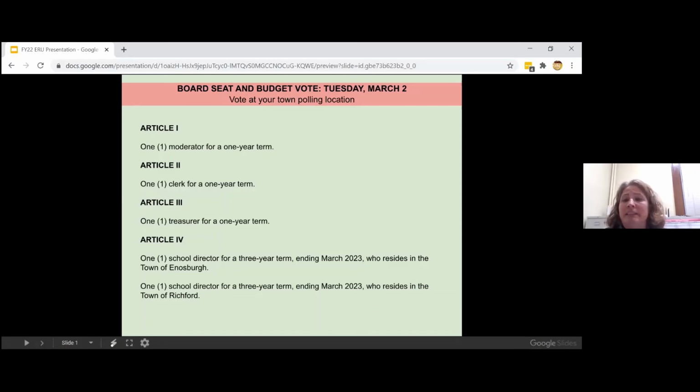Please adhere to all safety precautions, bring a mask, keep your social distance. And again, you can request a mail-in ballot by Friday. So this Friday is the cutoff. If you'd still like your mail-in ballot, you can still get one. Just give your town clerk a call and they will send that out to you.